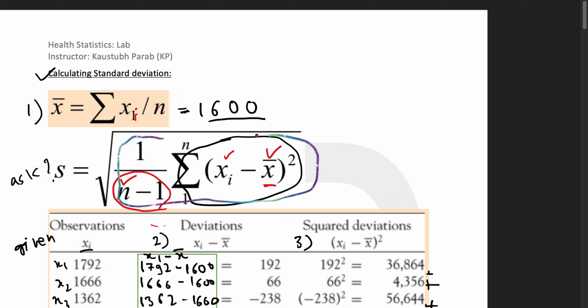So basically the last step is to take the square root of that term. If you take the square root of 35,811.7 as the sixth step, you are going to get your final answer as 189.2. That is nothing but your standard deviation for the sample.